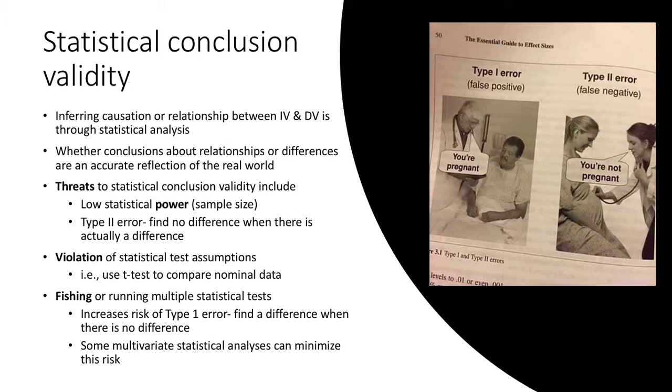And it's looking at whether the conclusions about the relationships or differences are an accurate reflection of the real world. And so that's why we need to use statistics to help us determine those differences or relationships.